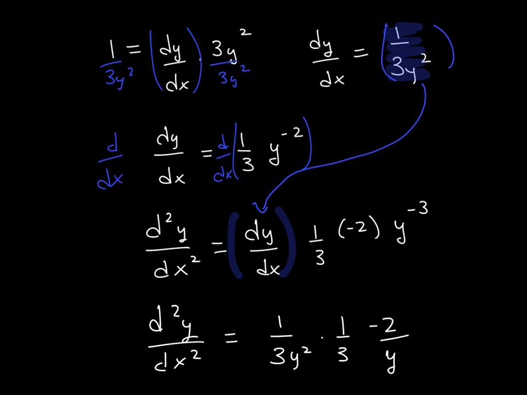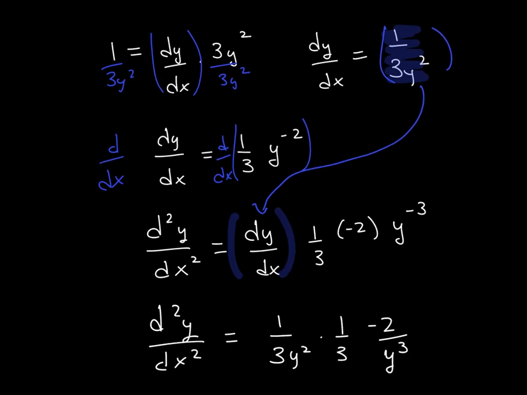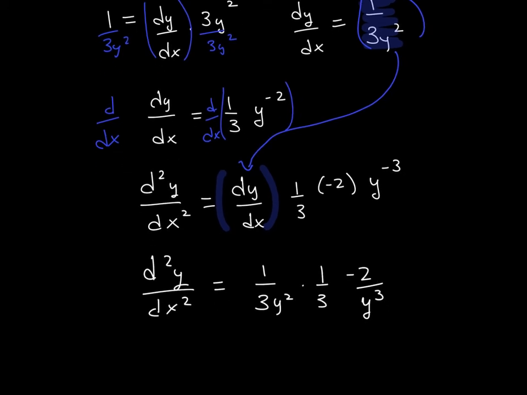I'm going to bring that y to the negative 3 and move it back to the denominator so it's positive. And I am now left with negative 2 over 9y to the 5th power.